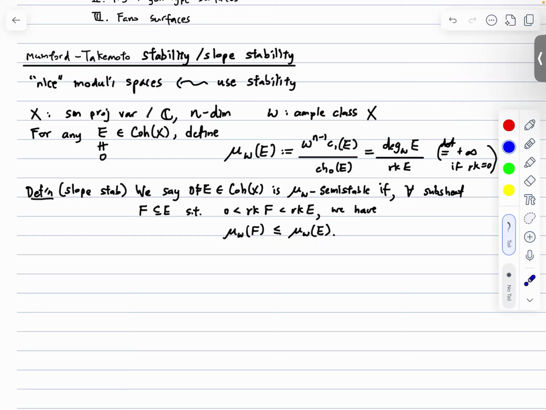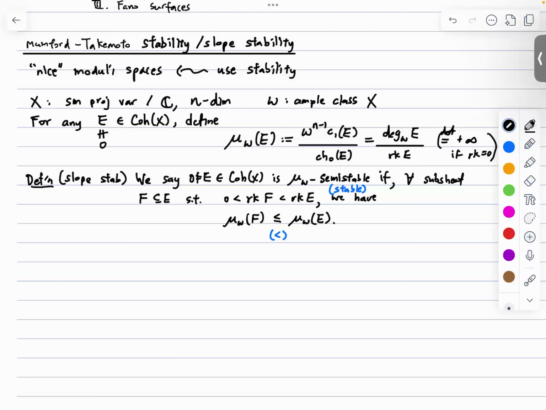And if every time you check this inequality you actually get a strict inequality, then we say the sheaf E is slope stable, or mu stable.